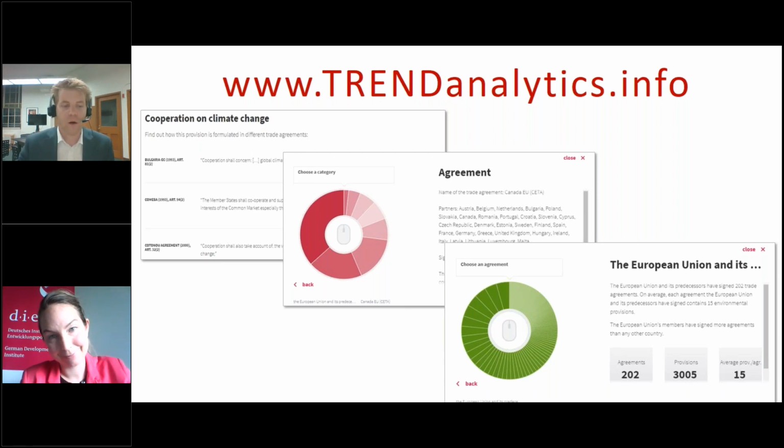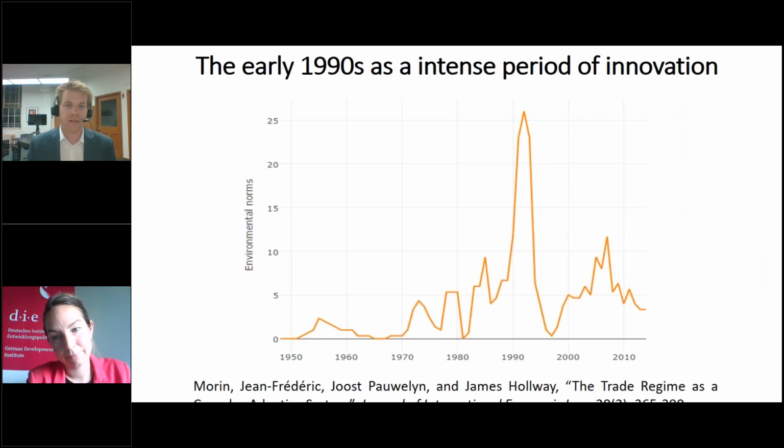Thank you, Clara. So based on this data set, we conducted several different studies, and I'll present you a quick snapshot of a few of our key findings. First, we realized that the mid-1990s was a period of intense innovation.